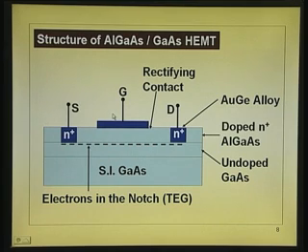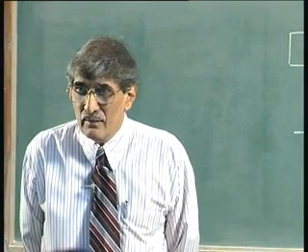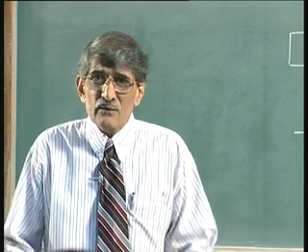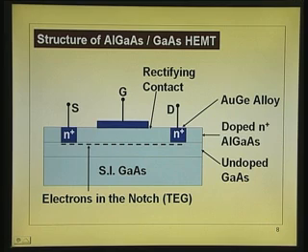Just notice there are two things here. One, due to this layer alone, current transport will be there. Due to that 2-dimensional gas alone, there will be current transport. And if I do not have any control, what will happen? The current will keep on increasing, ultimately it will saturate, decided by velocity saturation.